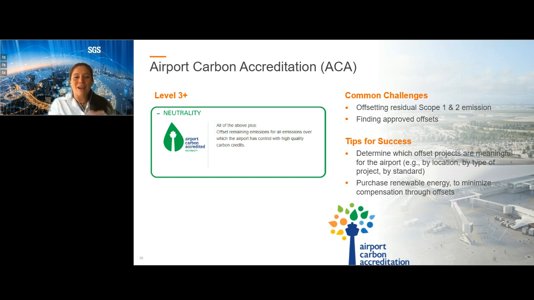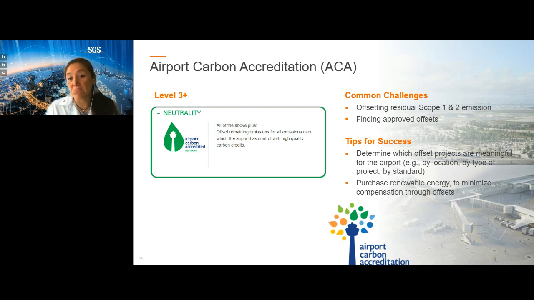No. You have to have an offset that is already approved, and there's a list of offsets, for example, the ones of the United Nations, of Verra, of Gold Standard are approved. If they're not approved, I'm sorry, but those are not approved offsets. So it has to be on the list of approved offsets of Airport Carbon Accreditation.